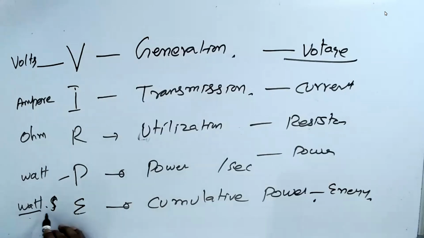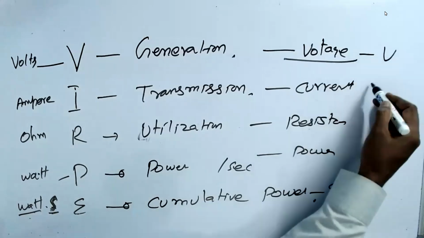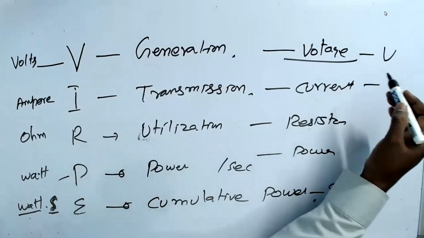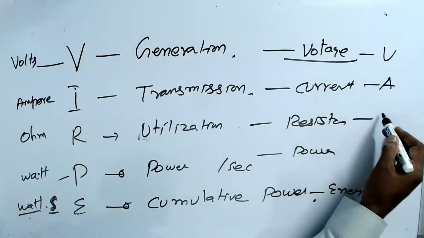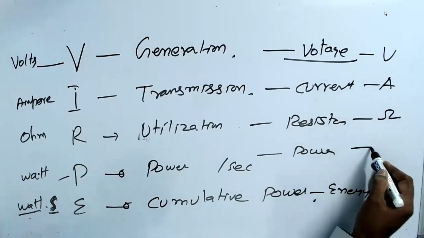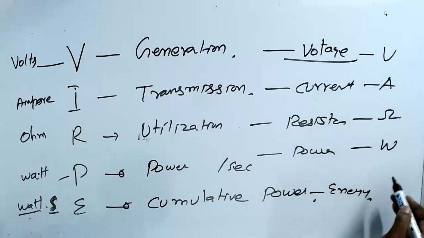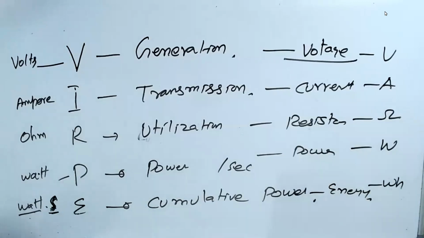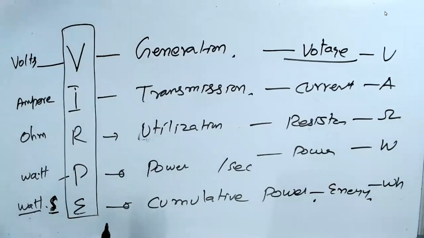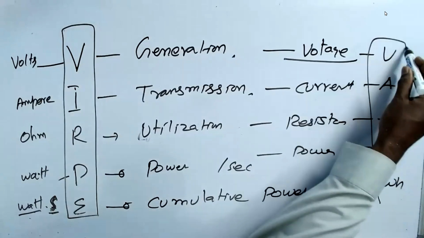So watt into time multiplication gives you energy. So we have a symbol called V, then R in ohm and W, Wh or whatever it is. Okay, so we mark it like this. VI is the units.